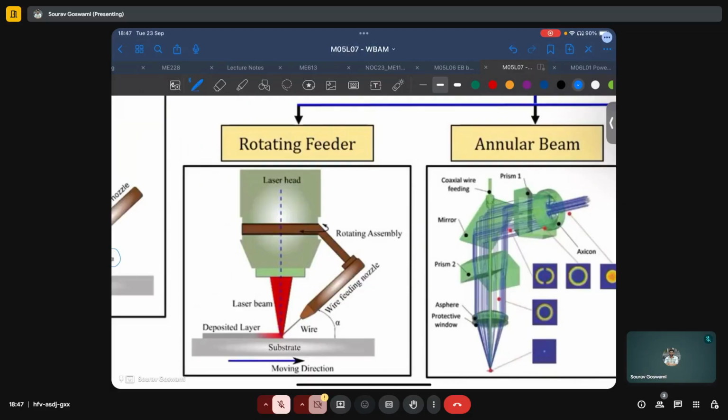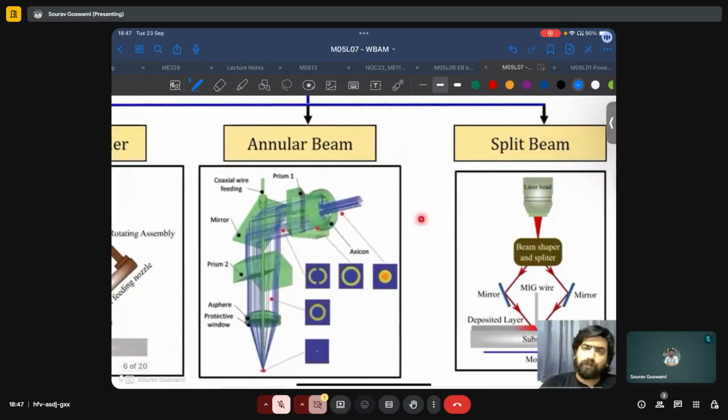Say in this case, in the plane shown, it is a case of front feeding. So if the direction of scanning of the laser changes, the entire feeding assembly can rotate to ensure that front feeding continues.